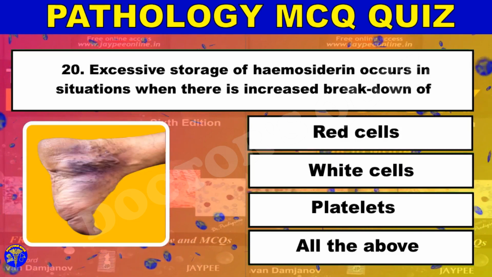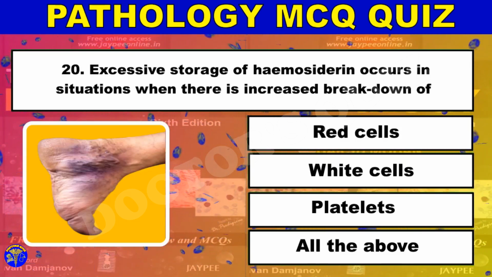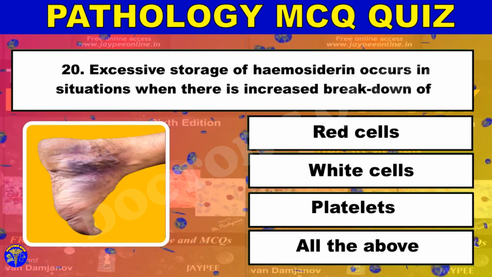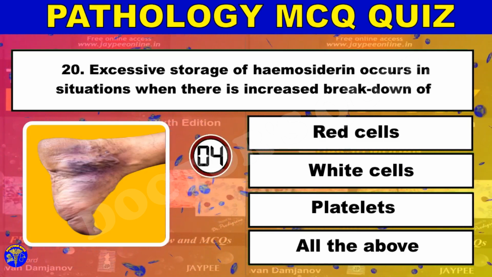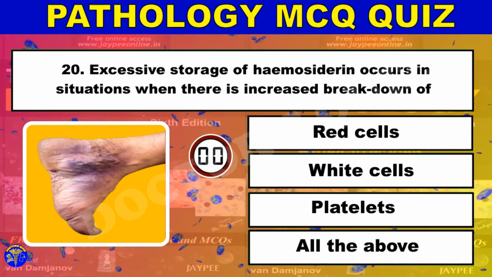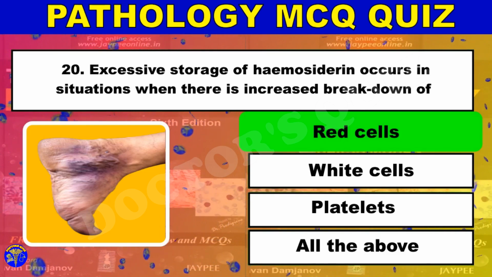Excessive storage of hemosiderin occurs in situations when there is increased breakdown of? The options are red cells, white cells, platelets and all the above. And the correct answer is red cells.